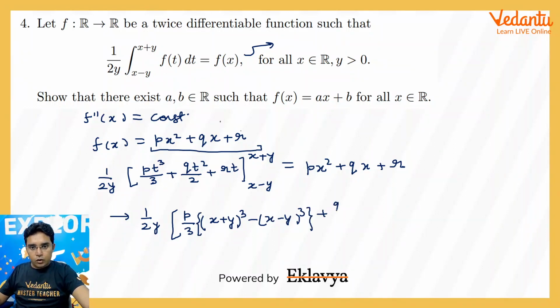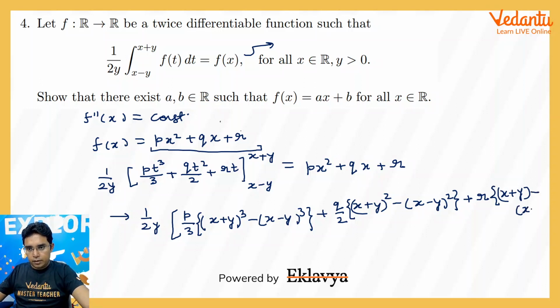And similarly, q by 2 t square, it will be x plus y whole square first, minus x minus y whole square, and then r into x plus y minus x minus y, and this has to be equal to p x square plus q x plus r.